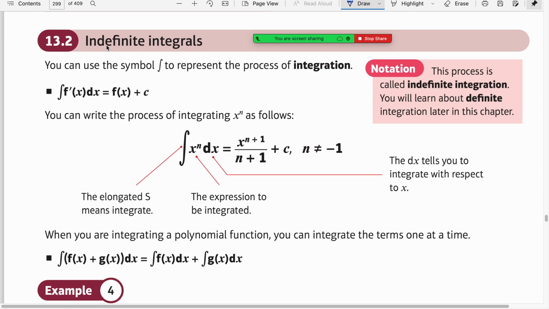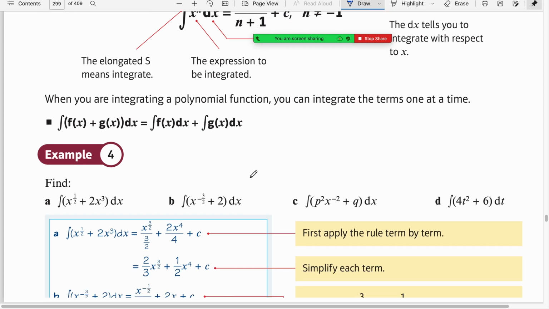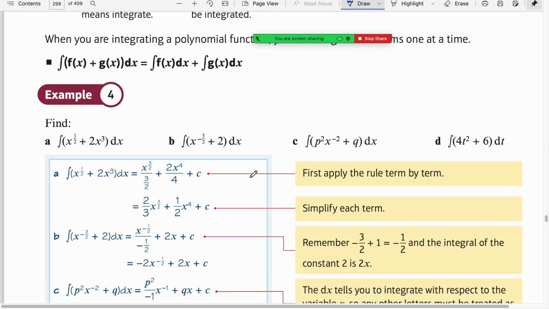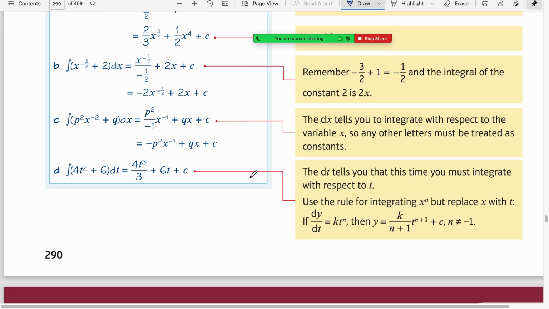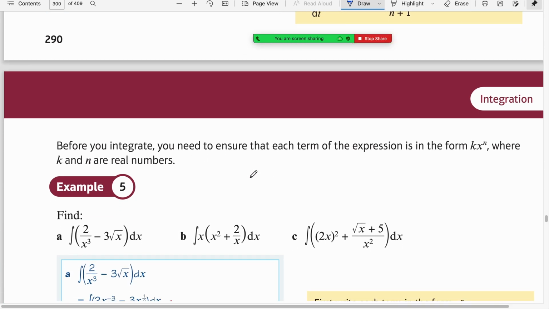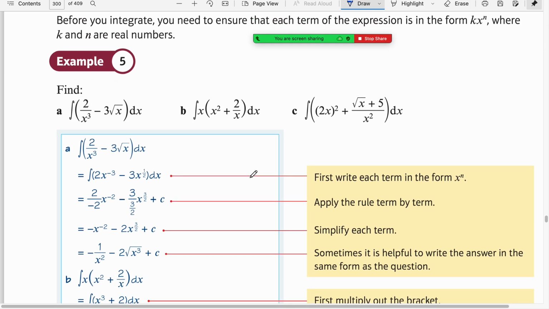And when there are no limits, we call it indefinite integrals. When there are limits, we call it definite integrals. So this is the general form which we've already covered. In this case, we'll multiply them first to get a simplified form.